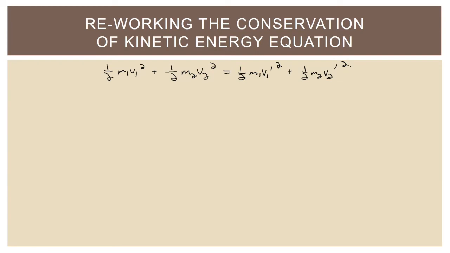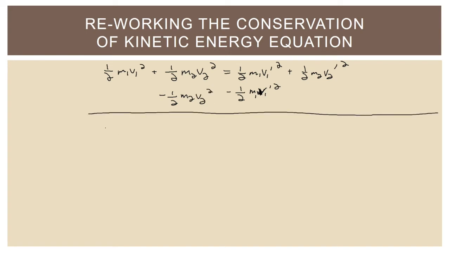Now, what I want to do first is gather the 1s and 2s on the same side of the equation. I'm going to go a little extra with showing all the steps here, because I really do want you to follow this. We're going to take 1 half m1 v1 prime squared and subtract that from both sides. And then we're going to subtract 1 half m2 v2 squared.